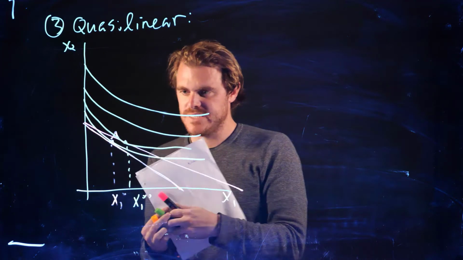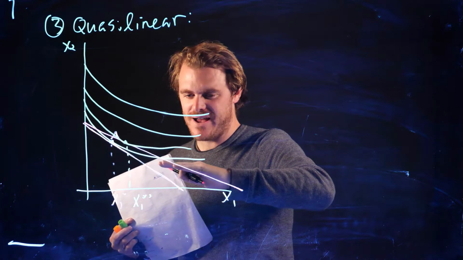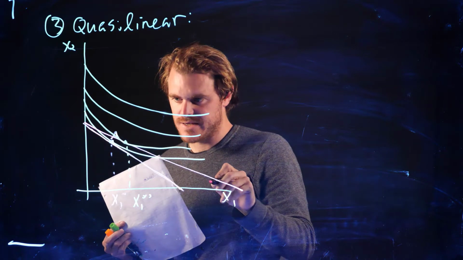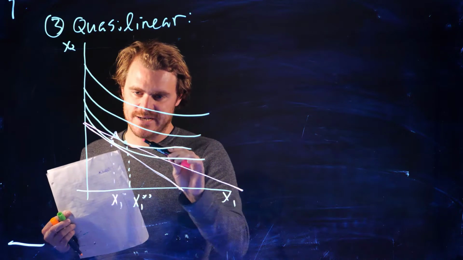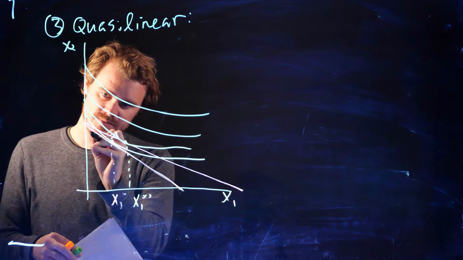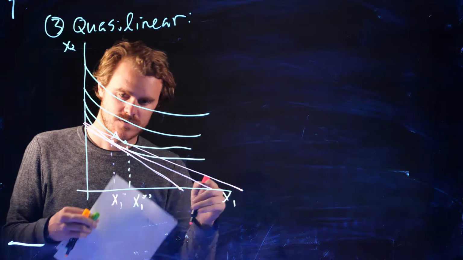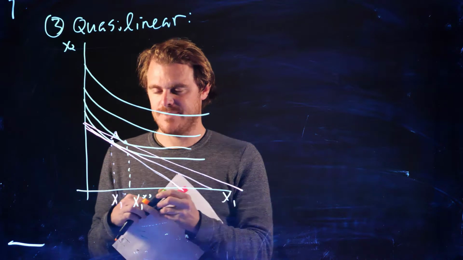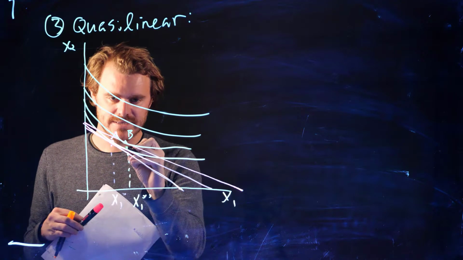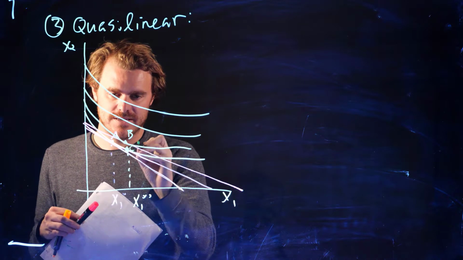All right, so if I took this new slope, the pink budget constraint, and shifted it down so it went through A, and I label the new optimal consumption x1 star star B, where C is going to be is exactly just below B.